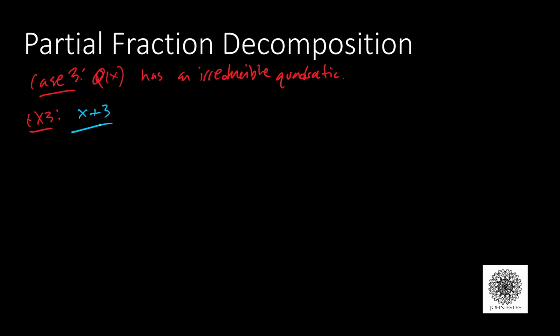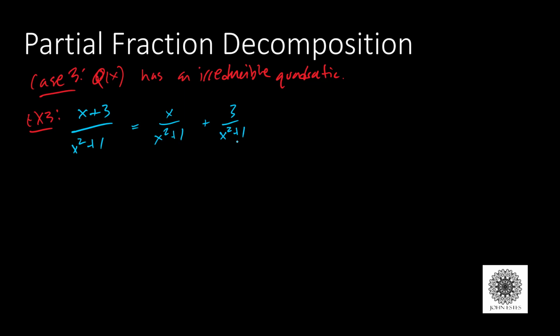So we have (x plus 3) over (x squared plus 1). Now x squared plus 1 does not factor over the real numbers, so it is irreducible here. If you're going to try to integrate this thing, you would find that this may look difficult. But actually, it's not too bad. Since I have a linear term in the numerator, I could split this up as x over (x squared plus 1) plus 3 over (x squared plus 1).